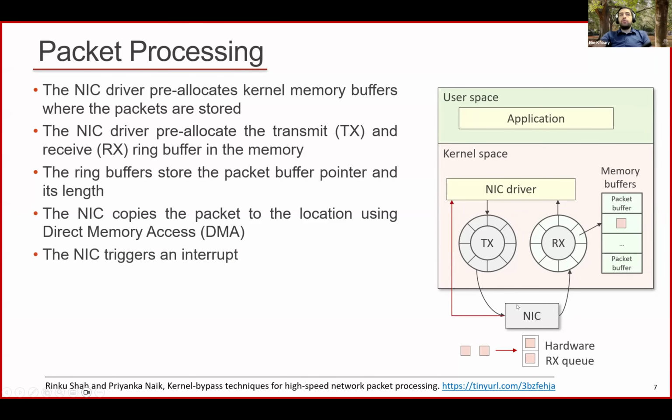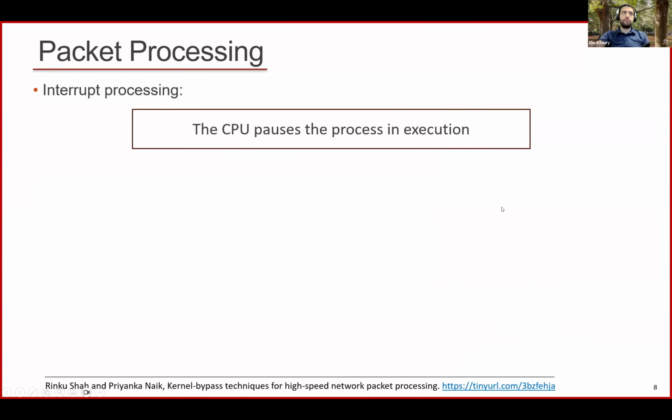After that, the network interface card triggers an interrupt just to tell the NIC driver that now we have packets available in the queue that are ready to be processed. So in summary, the packet is received, it's copied to the memory, an interrupt is generated, and then the NIC driver will continue from there.